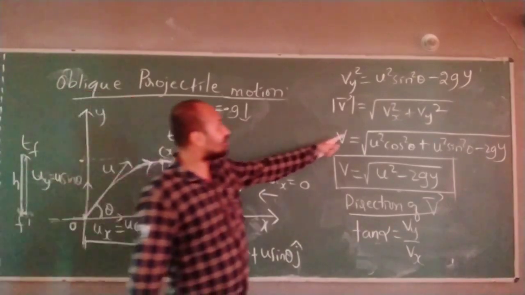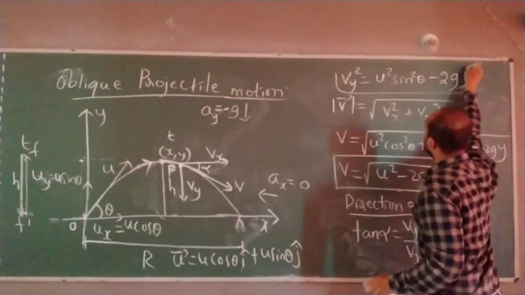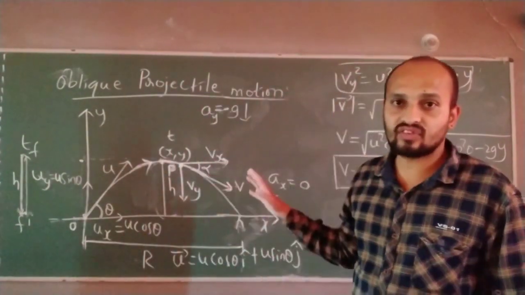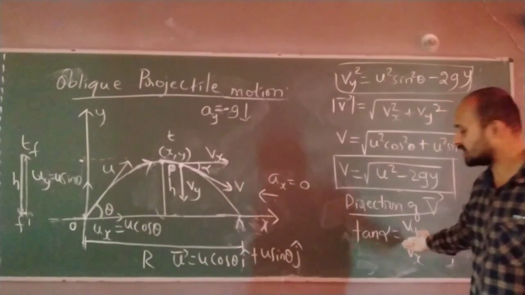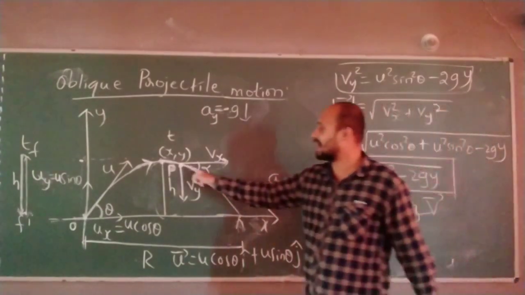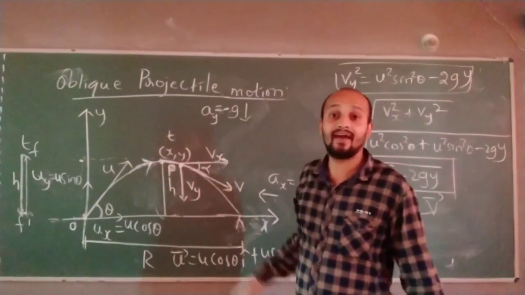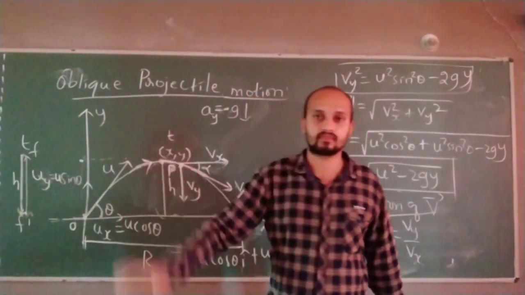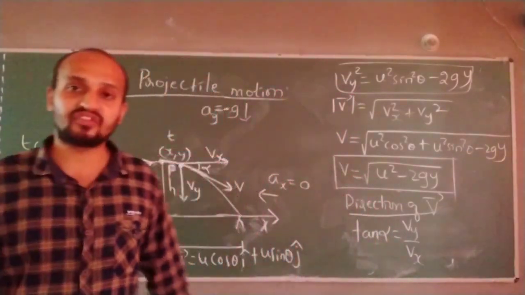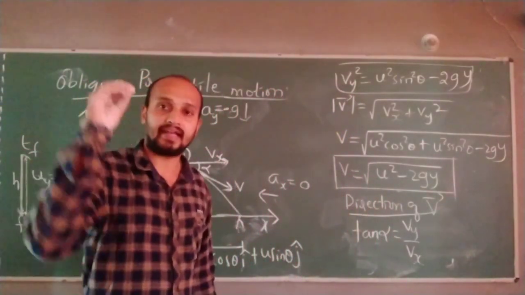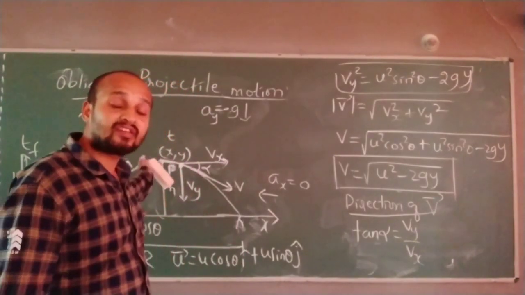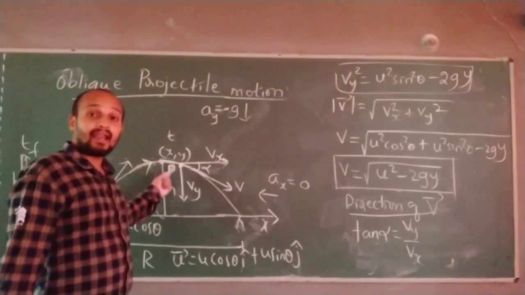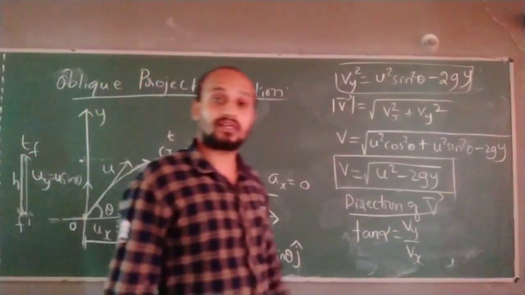Vy in terms of x and y, and Vy in terms of time t, which I gave previously. You can substitute those equations here and find the angle alpha. Then you get the direction of the velocity of the particle at a particular time t or at position x comma y. Got it now? This is about the velocity of a particle at any position or at any time t, attainable at a particular point on the projectile motion.